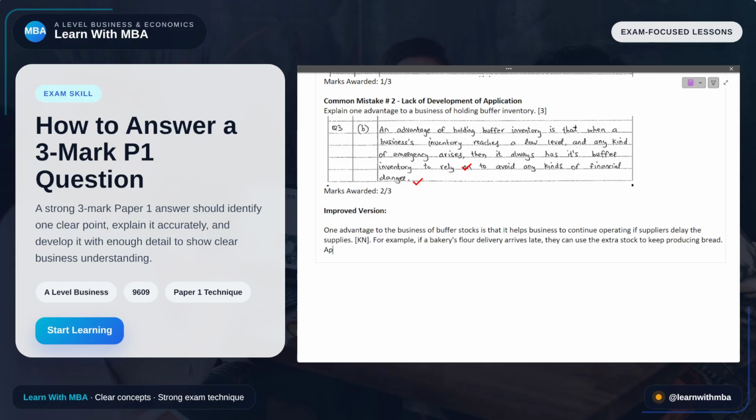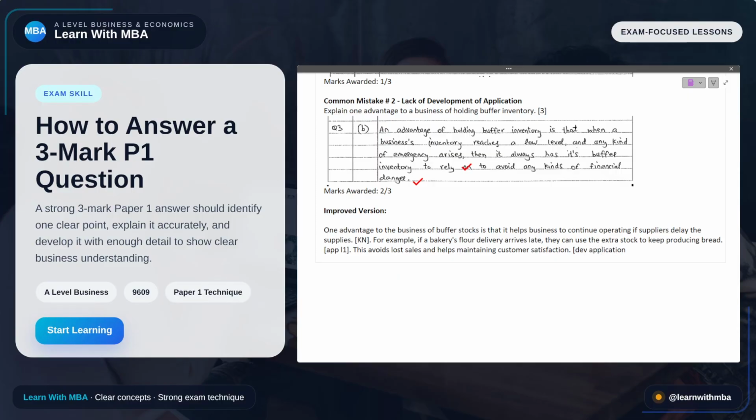So this is application level 1. And now I need to explain the impact. So I'll say this avoids lost sales and helps maintaining customer satisfaction. And that's my developed application.